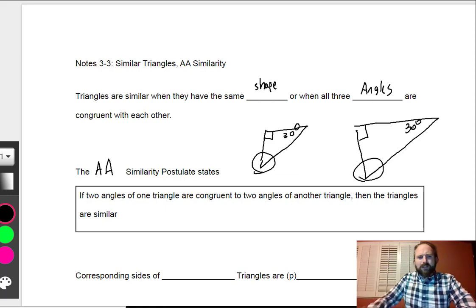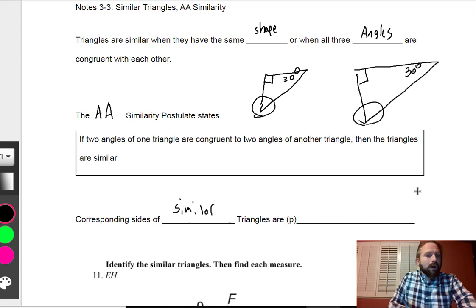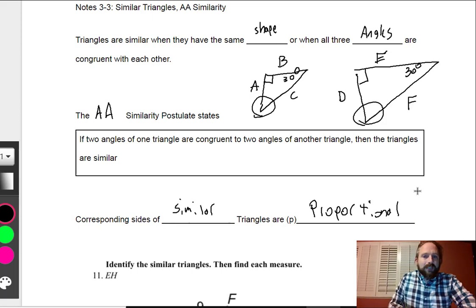The next thing we're going to talk about is corresponding sides of similar triangles are proportional. What does this mean? Well, let's call this triangle A, B, C. Let's call this one D, E, F. Well, that means if we compare across from the 30, we could say, hey, let's say this is going to be on top, this one is going to be on bottom.